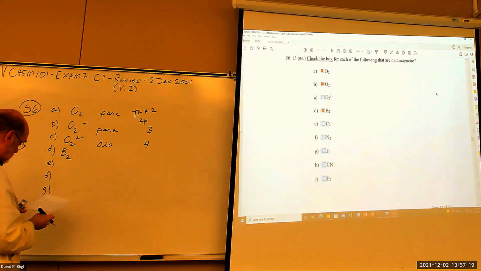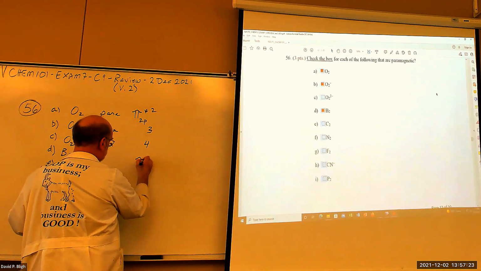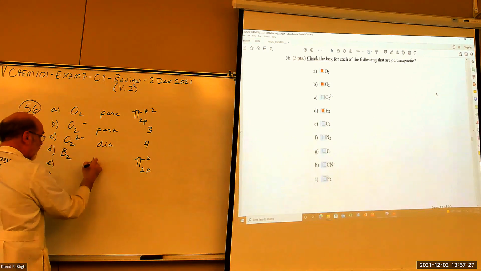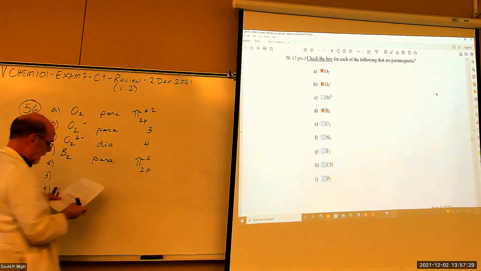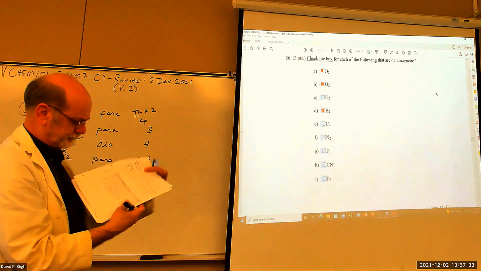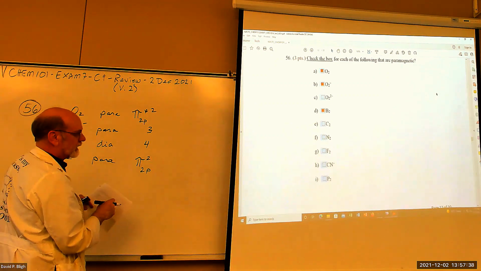Diboron. Here it is. Diboron has pi 2p with 2 electrons in it, so it's paramagnetic. I'm just looking at this chart right here. So that one's paramagnetic.